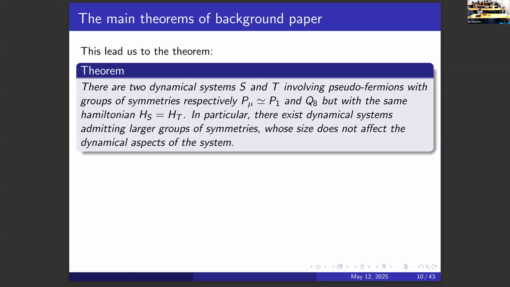Yes, how is the Hamiltonian defined here? I don't have it in the talk, but it's in the paper. It is the Hamiltonian of the specific systems we came up with first.